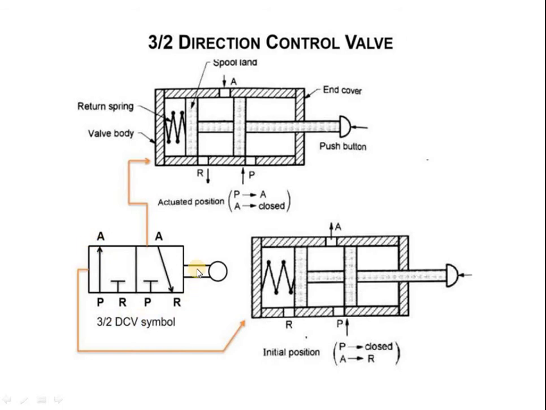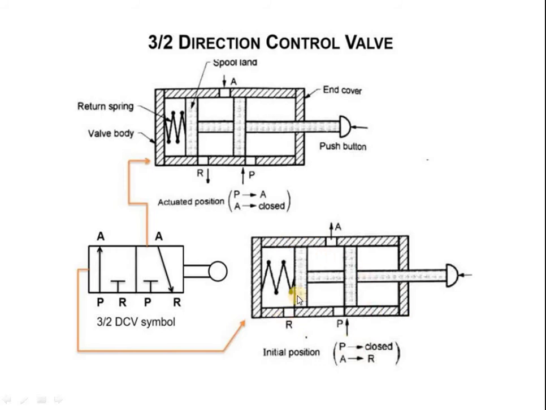This is a symbolic representation of the 3/2 position valve. See here, I am clearly indicating the different ports. This is the pressure port, this is the working port A, and this is the return port. This is the first position, that is the initial position.